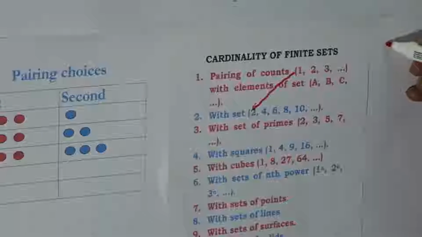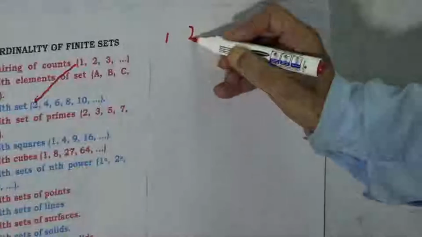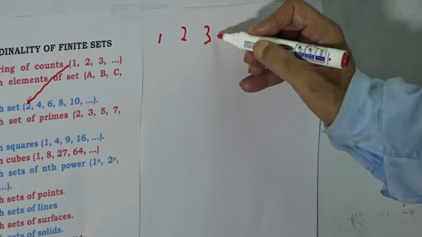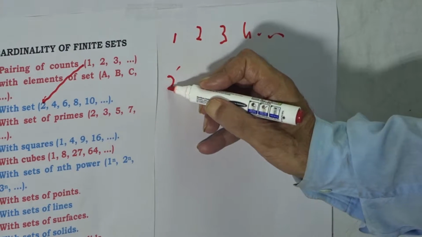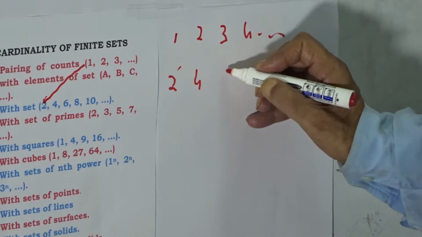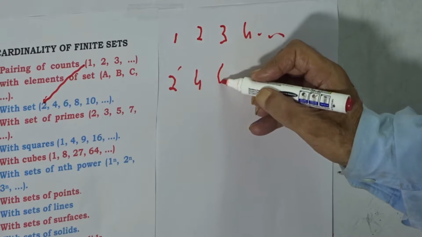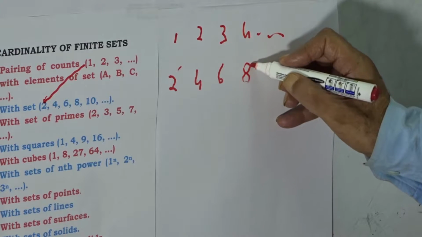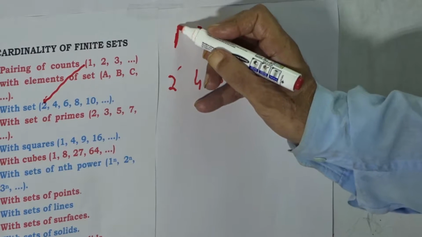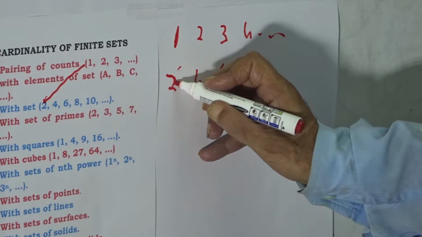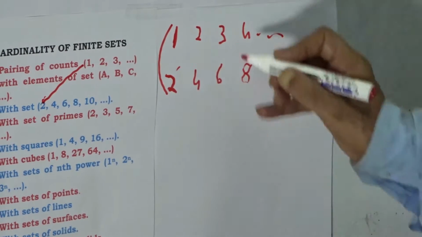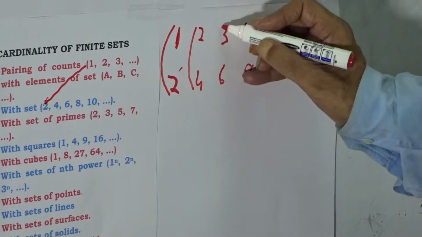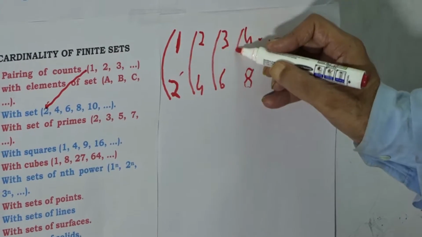So in this first set of the counts, the first element or first value has been 1, and in the second set the elements are 2, 4, 6, 8 and 10, and here the first element is value 2, and we had associated 1 with a 2, then 2 with a 4, 3 with a 6, 4 with a 8.